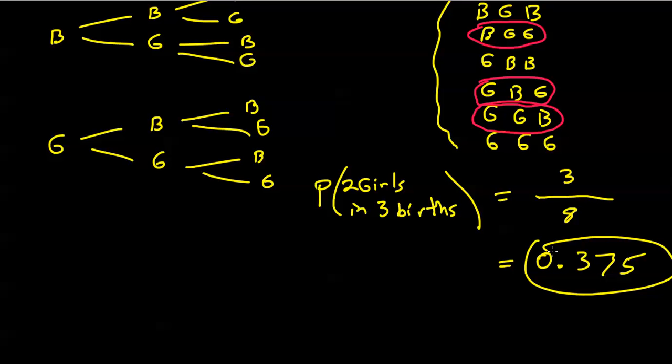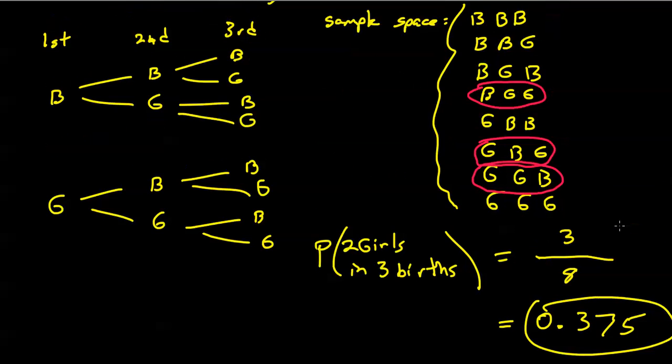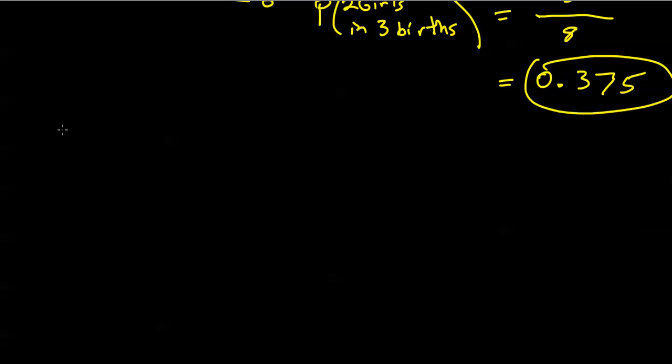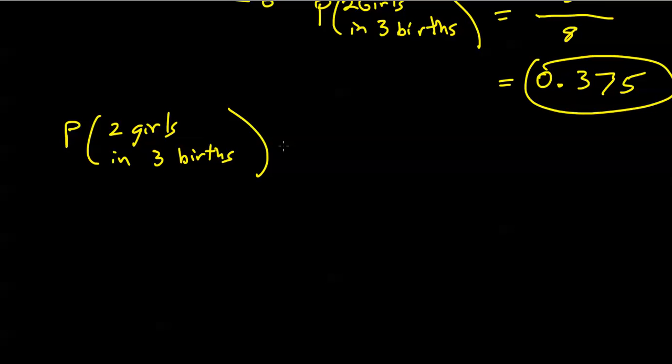There's another way I could have figured this. Well, if you're looking for the probability of 2 girls in 3 births, right away I know there's going to be 8 possible outcomes, as we discussed above. And if I've got 2 girls, that means 2 girls and 1 boy, and there's only 3 available slots for that 1 boy, right?